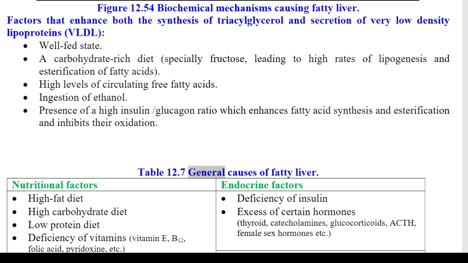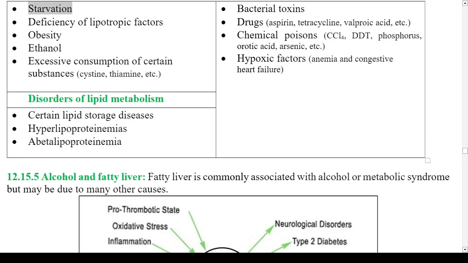Table 12.7 General causes of fatty liver. Nutritional factors: high-fat diet, high-carbohydrate diet, low-protein diet, deficiency of vitamins (vitamin E, B12, folic acid, pyridoxine, etc.), starvation, deficiency of lipotropic factors, obesity, ethanol, excessive consumption of certain substances (cysteine, thiamine, etc.).